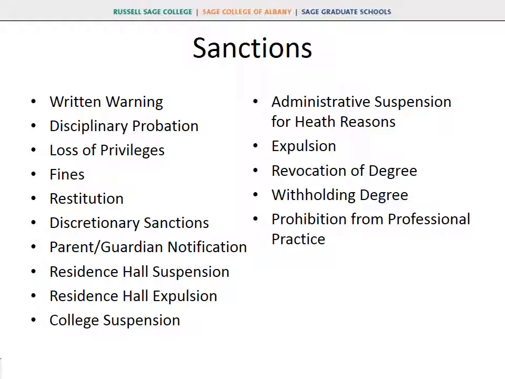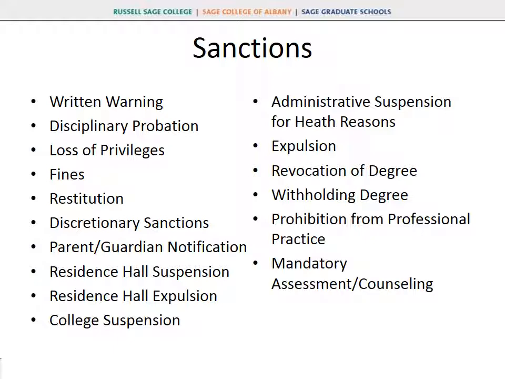Prohibition from professional practice. Sage may take any and all steps it deems necessary to prohibit, limit, or monitor the current or future practice of a profession by an individual found to have committed misconduct. For example, notifying the appropriate agency overseeing the profession.